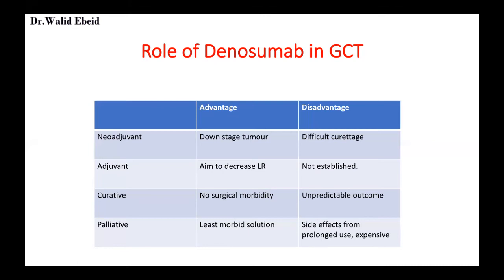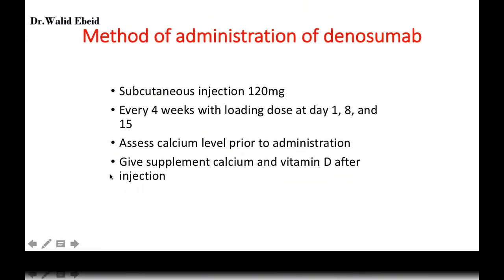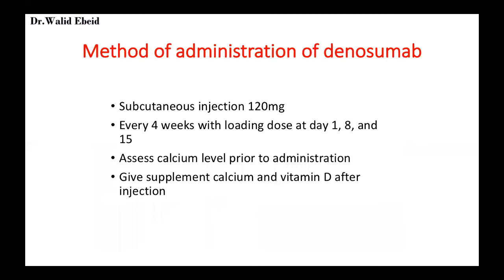It's an expensive form of treatment that the patient keeps on paying for a long period of time. So denosumab could be used as a neoadjuvant, which is the most common strategy, or adjuvant, or curative in non-operative cases. So how do we give denosumab?